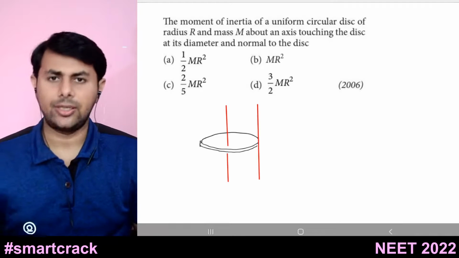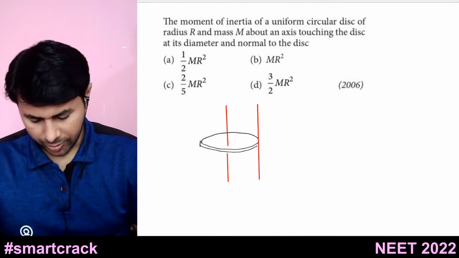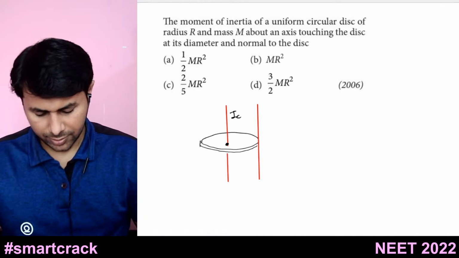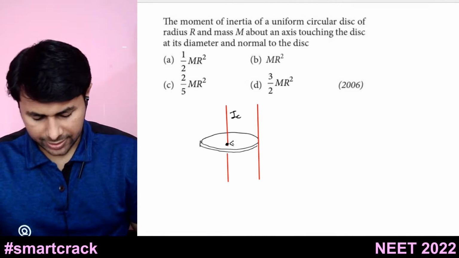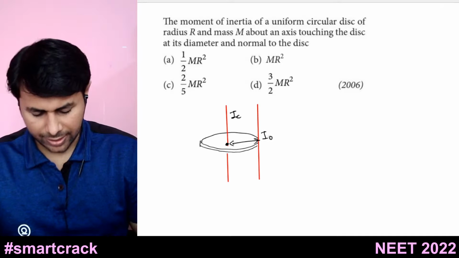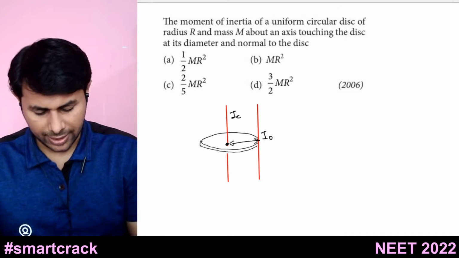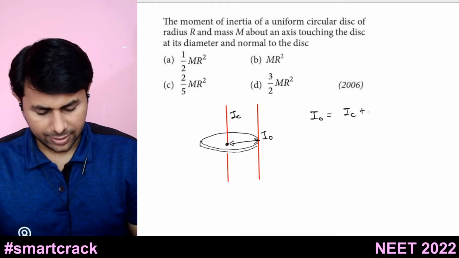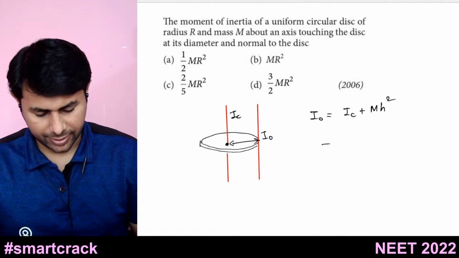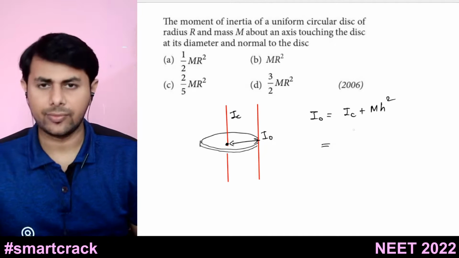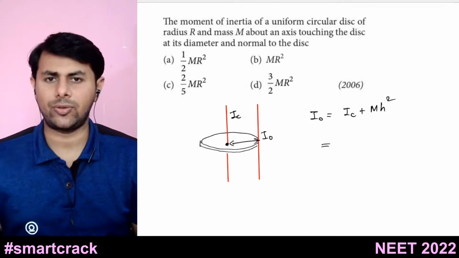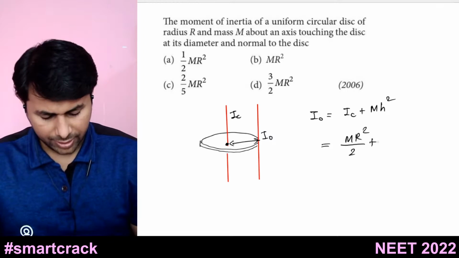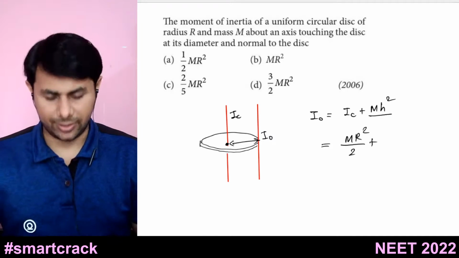If we use the parallel axis theorem, the moment of inertia about this point is IC. The moment of inertia about this axis is, suppose, IO. So we know that IO is equal to IC plus m h square. IC is the moment of inertia of a disk, given by mr square upon 2, plus m h square. What is h?